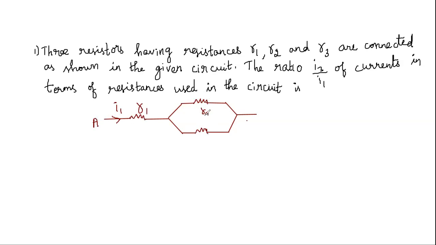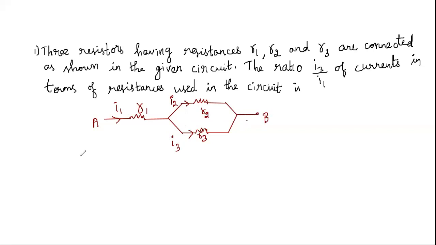This is R2, this is R3, and the current through the resistances is I2 and I3. This is another point B.